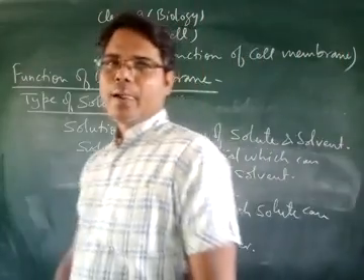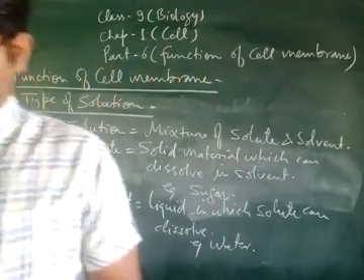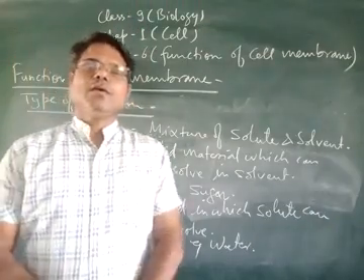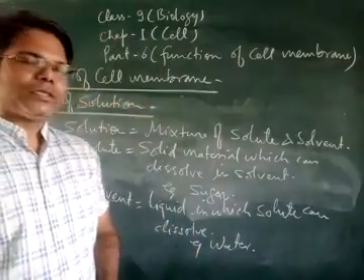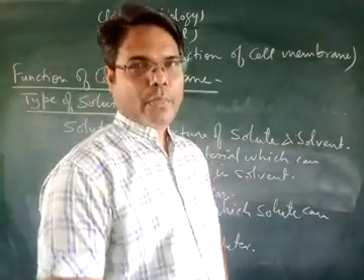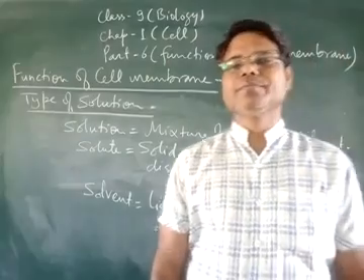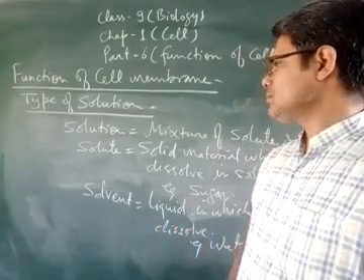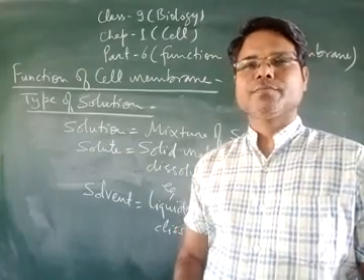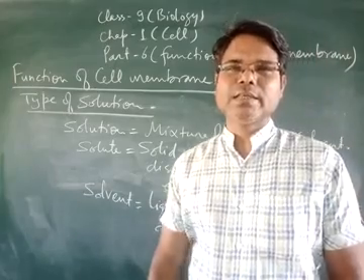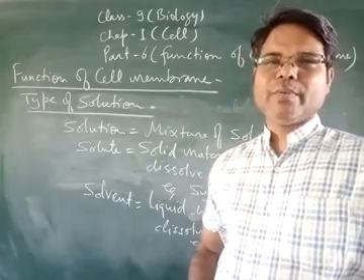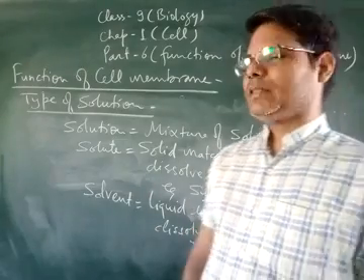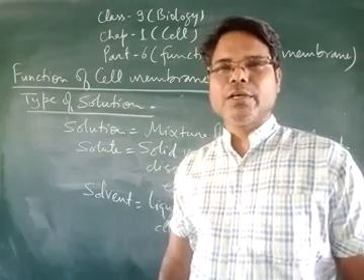Example, water. So students, in this class you were studying about the function of cell membrane, and three functions were discussed. The first function is the selectively permeable nature of the cell membrane, and the second function is diffusion.